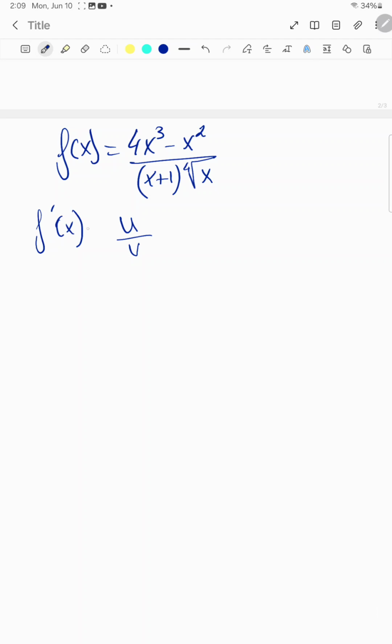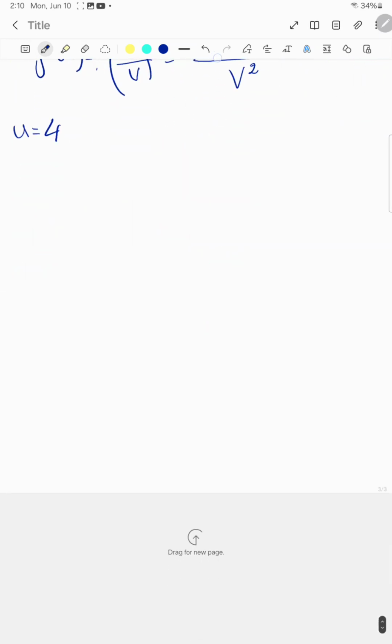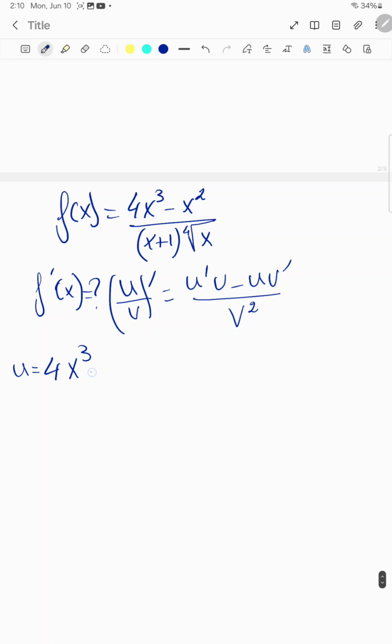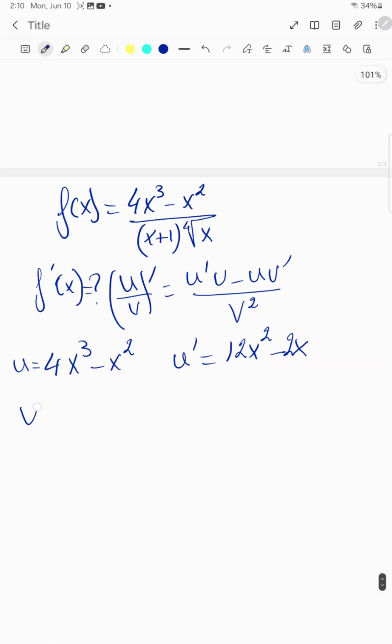U divided by v, prime, is equal to u prime v minus u v prime divided by v squared, and my u here is 4x to the power of 3 minus x to the power of 2, so my u prime is equal to 12x to the power of 2, because 3 times 4 is 12, minus 2x to the power of 1, and my v is equal to x plus 1 times x to the power of 1 over 4.